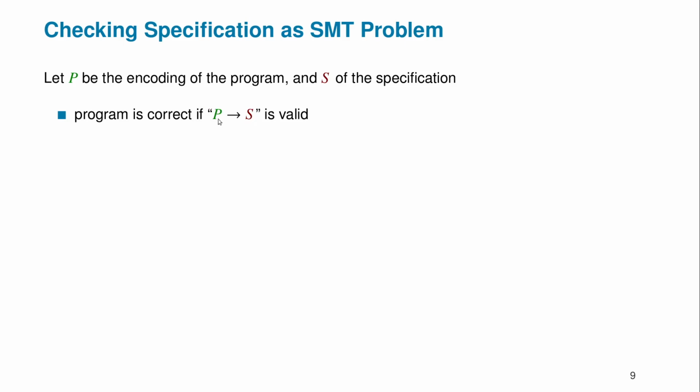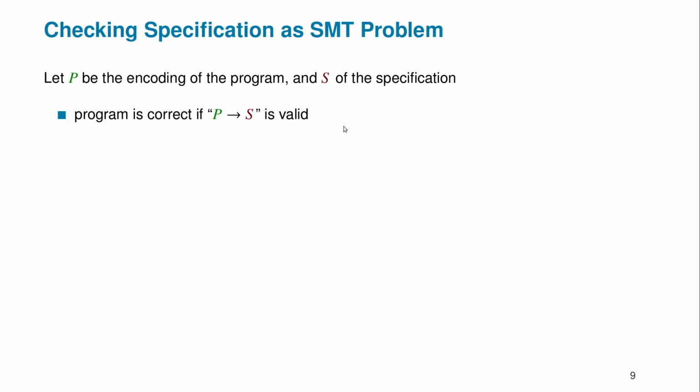So if P has a solution, then this solution is also a solution of S. So the implication P implies S is valid. SMT solvers do not check validity, but they check satisfiability of an SMT formula. This is like in SAT.